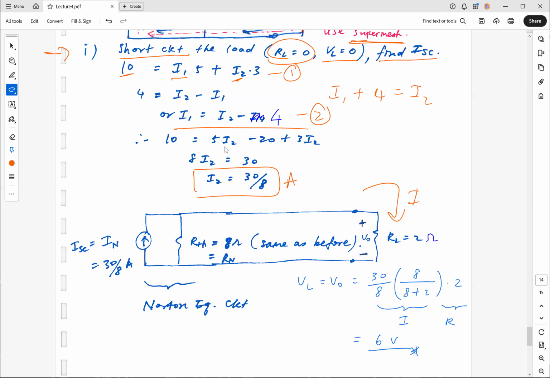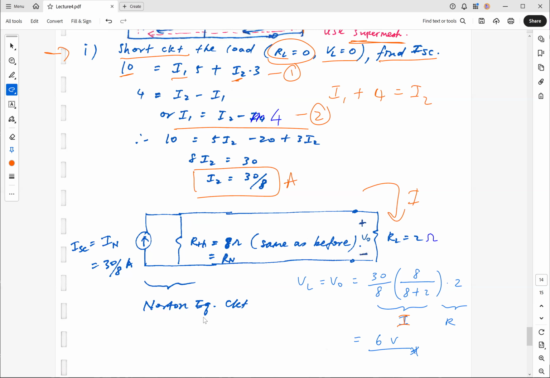Let's say this is my I. I take this current and multiply by 8 ohm over the sum, and that's the current passing through this 2 ohm resistor. Take this current, multiply by the resistor, which is 2 ohm, so I times R. I get 6 volts.